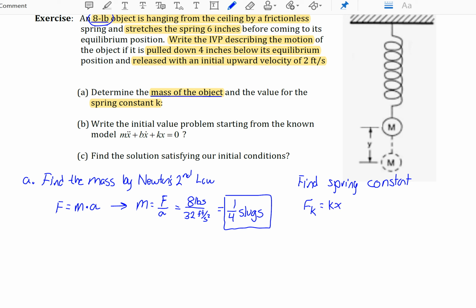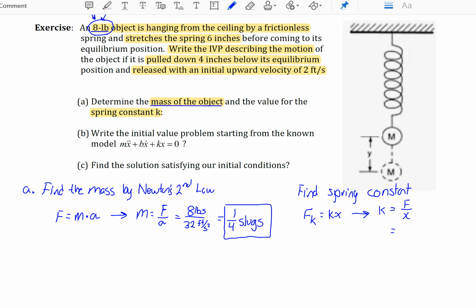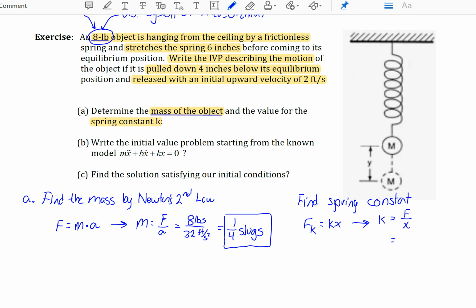Again, I'm leaving off the opposite sign because I'm just looking for the magnitude of the force, or the magnitude of our spring constant. So here our spring constant K would have to be our force divided by our displacement, which they told us that when they applied that 8 pounds, it stretched your spring 6 inches.